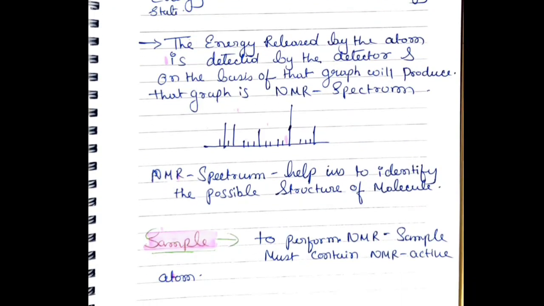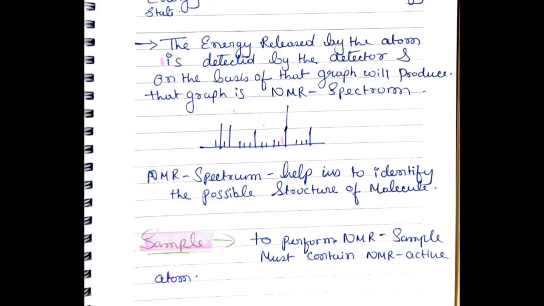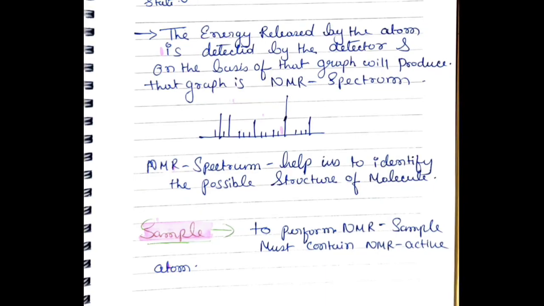An NMR spectrum looks somewhat like this. We obtain split lines, or peaks, in the spectra. This NMR spectrum helps us to identify the possible structure of the nucleus. With the help of this NMR spectrum, we can identify the structure of the molecule.